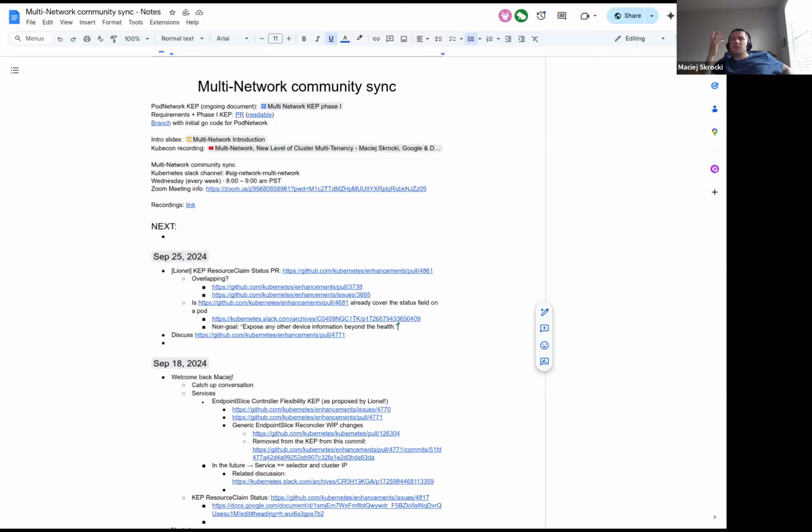And the question here, I assume Doug is not here. Lionel, from your side, you're probably gonna want to push this inside the network plugin working group, right? Multus side, right? Or do you think something internally you're gonna use that? Not internally, but in open source, I will create a project that will use this.